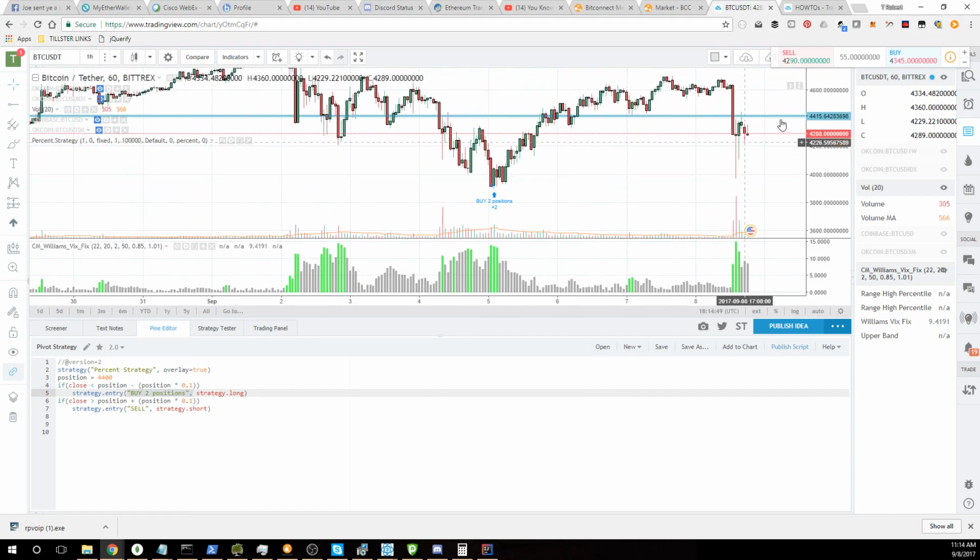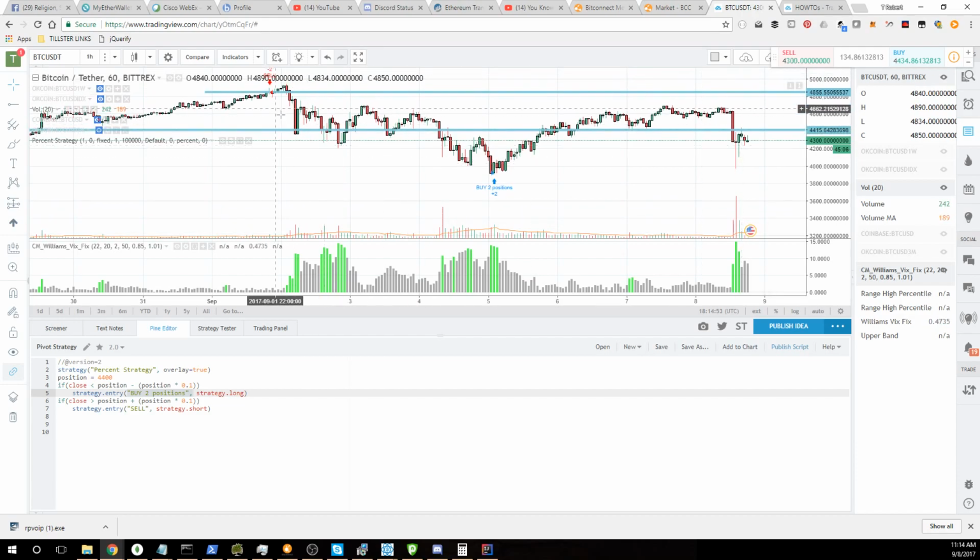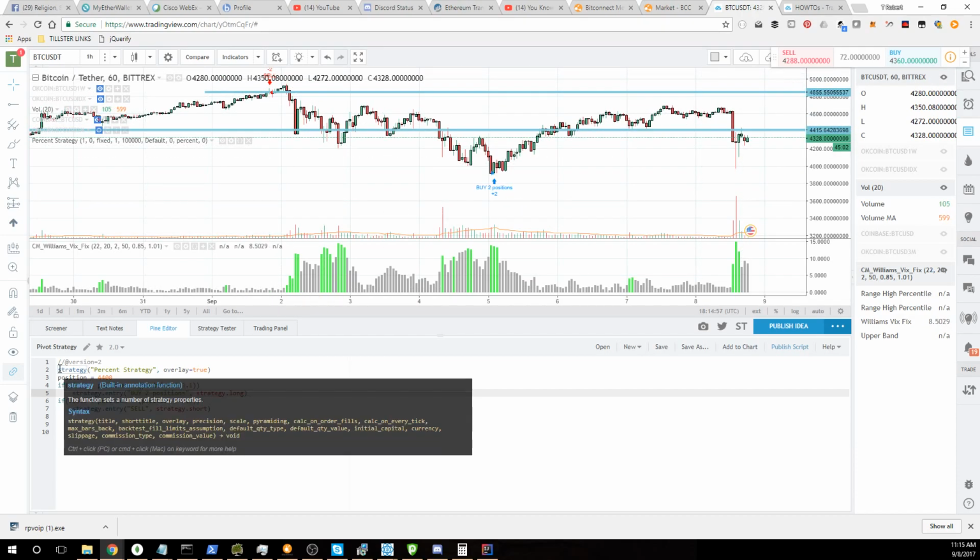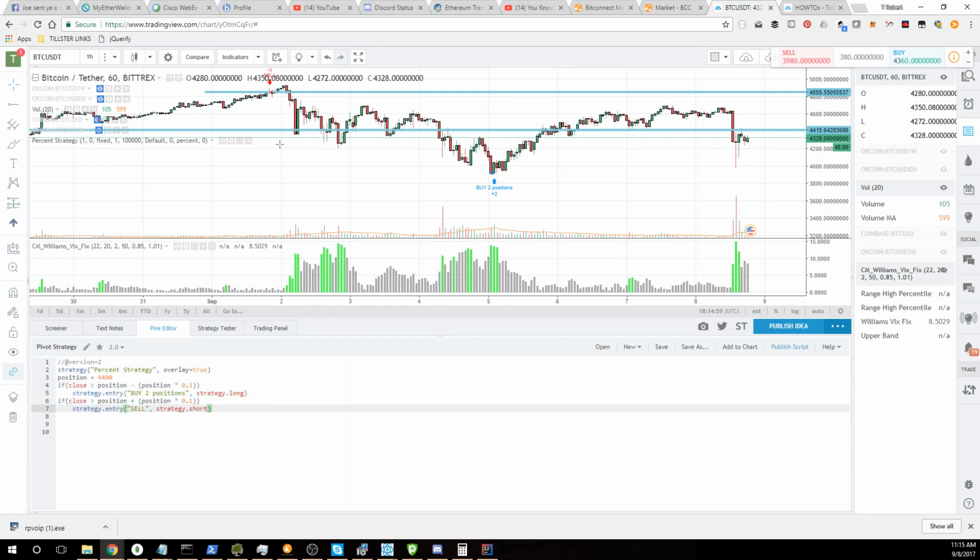In the opposite manner, when we did the math for this particular candle and we plugged those values into the script on this particular candle, what happened is we encountered this condition and we went short.